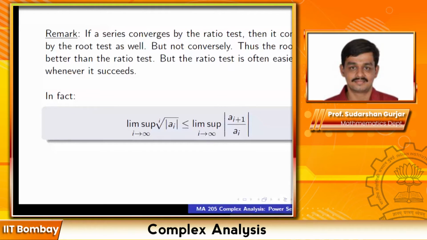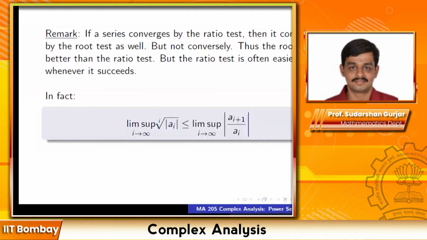Sir, isn't the ratio test better than the root test? If you want something to be less than 1, in the ratio test you have some larger number, so there is more chance... Sir, like it's written here, if a series converges by the ratio test, then it also converges by the root test.